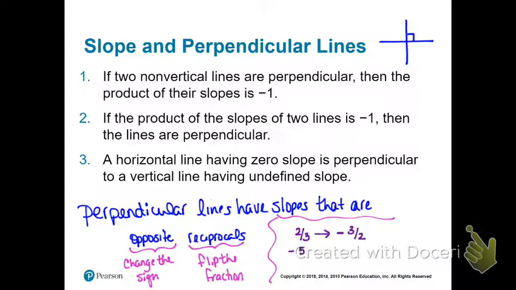If it's -5, remember -5 is the same as -5/1, change the sign, flip the fraction. If it's -1/8, you're going to change the sign and flip your fraction, and 8/1, we go ahead and reduce it to 8. So it'd be a +8. All right, change the sign, flip the fraction, only for perpendicular lines.